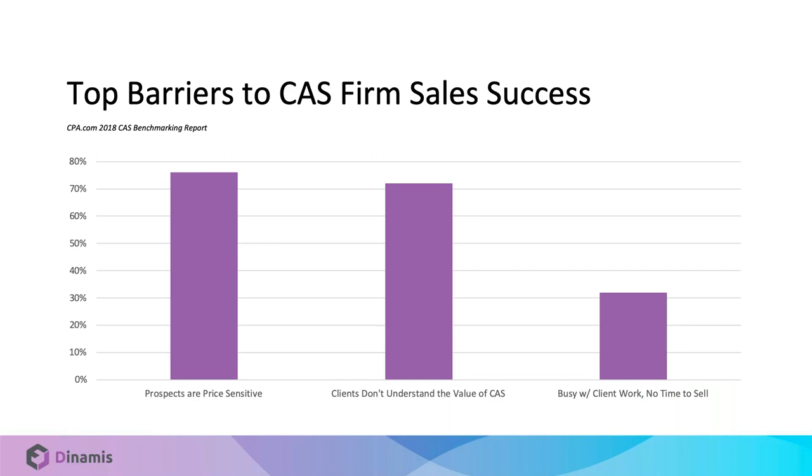So long story short, even though they price shopped us in this particular opportunity, we were able to give them essentially the same value that this long-term employee had provided for about half the price.